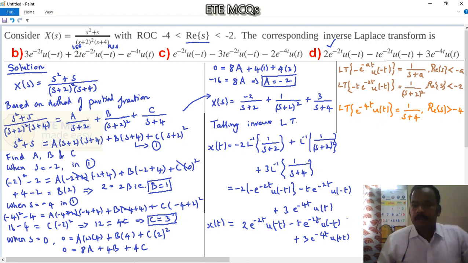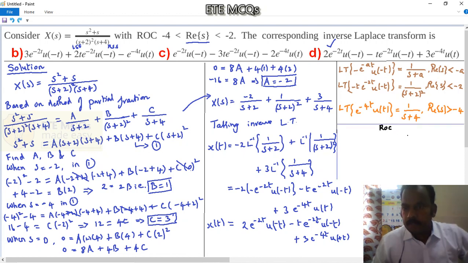Now the respective ROC, I'll just plot it for reference, for understanding. The ROC plot is given as follows: sigma, j omega, this is your S plane.